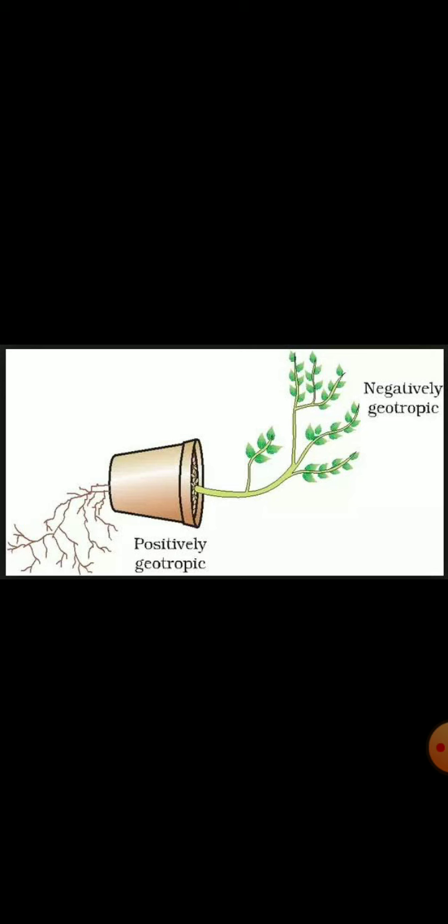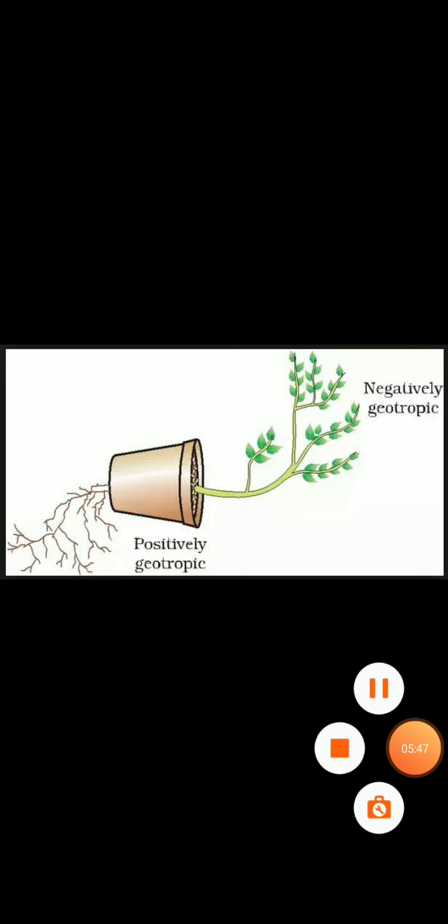Now here, which part will be positively geotropic and which part will be negatively geotropic? So positively geotropic will be roots, as it shows movement towards the earth. We know that roots go down. That is why positively geotropic will be roots.